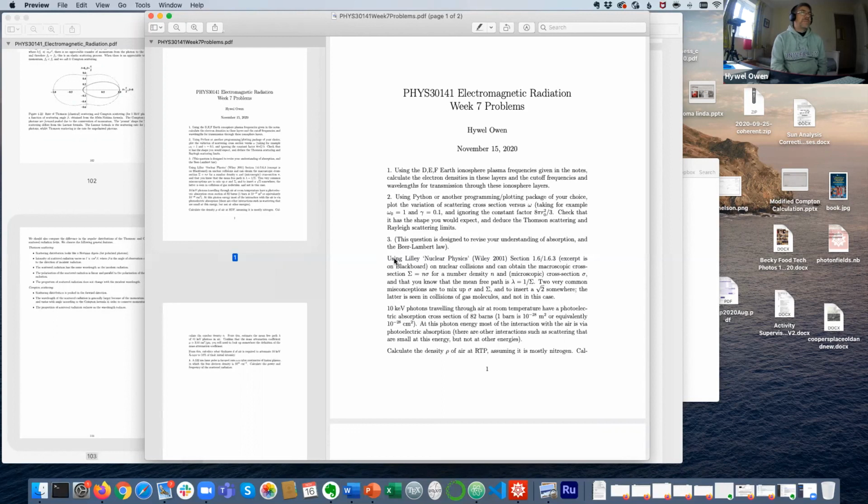And next Monday, I'll go through how to do this calculation and talk you through this relationship between the microscopic cross-section sigma and the macroscopic cross-section capital Sigma. But I'd like you to read through Lilly Nuclear Physics section 1.6 before you do that.